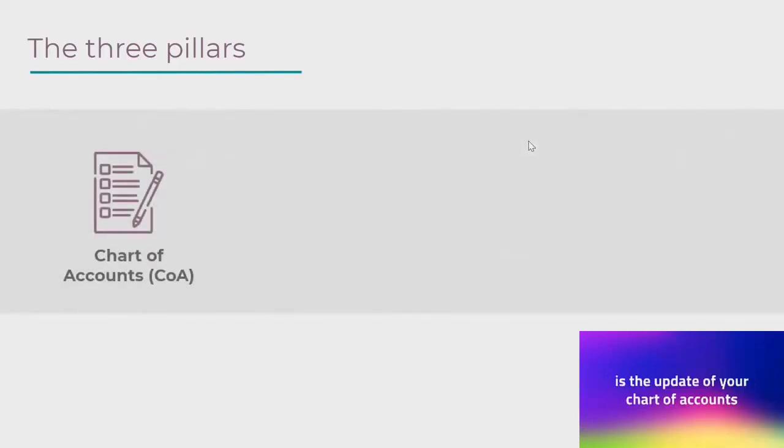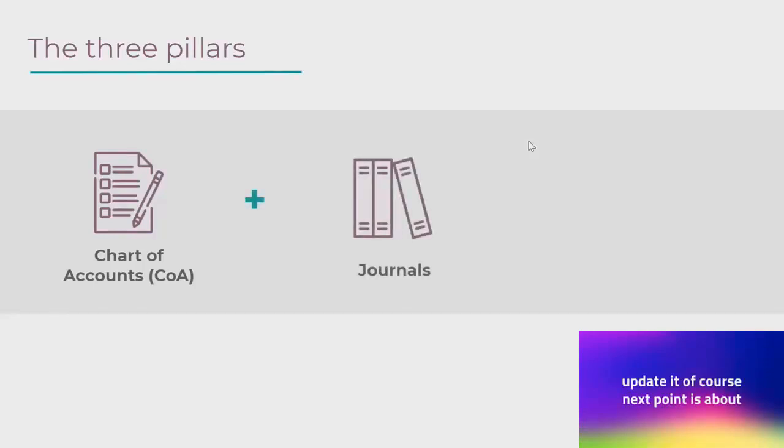There are three things: the first is the update of your chart of accounts, its specificities, their own accounts, and so on. So update it, of course. Next point is about updating the existing ones and creating new ones.